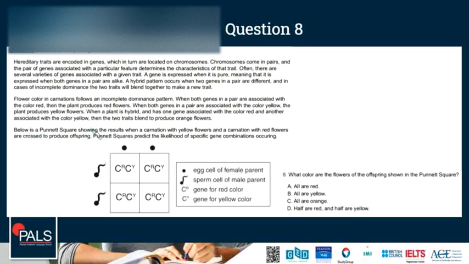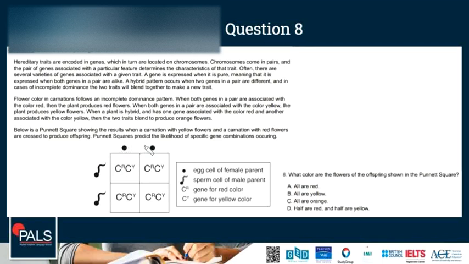Below is a Punnett square showing the results when a carnation with yellow flowers and a carnation with red flowers are crossed to produce offspring. Punnett squares predict the likelihood of specific gene combinations occurring in the offspring depending on the gene combinations in the parents.